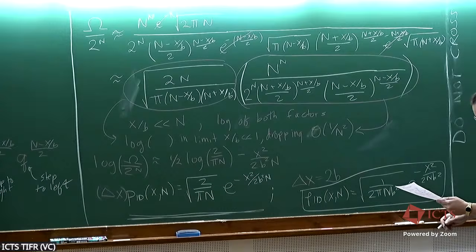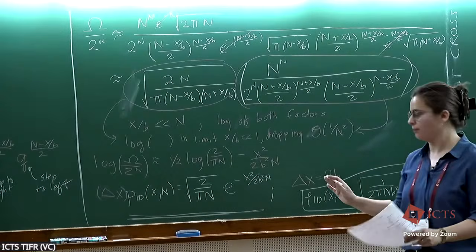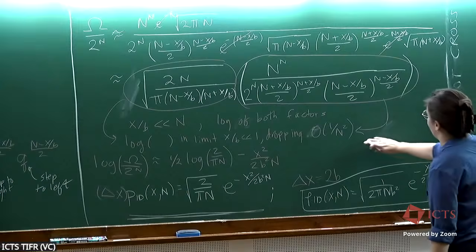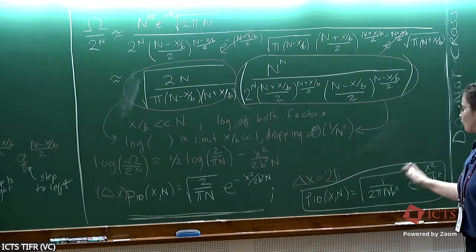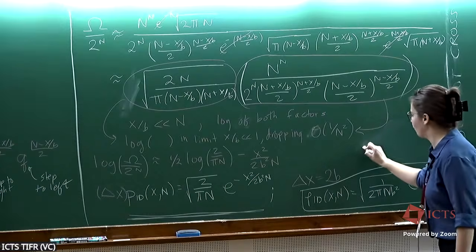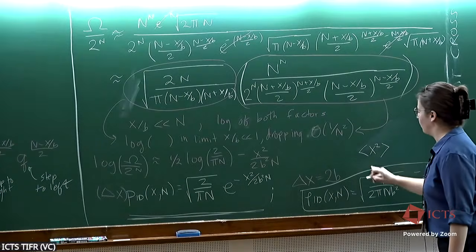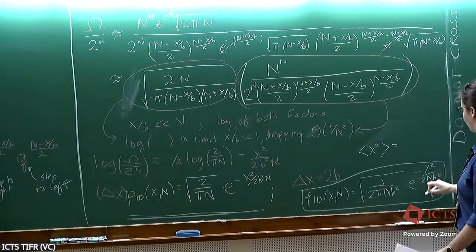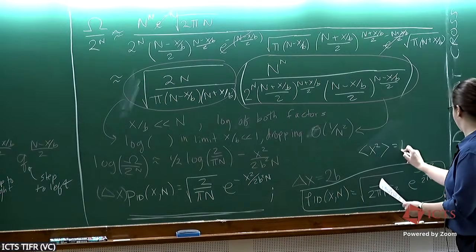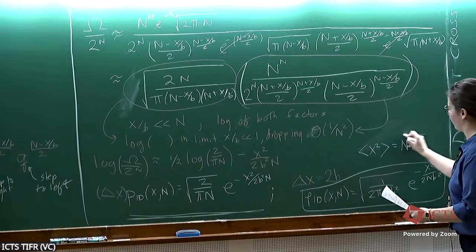And then without doing any work at all, we can now take this and get one of the central results for random walks by just looking at the variance of this Gaussian. So the variance will give us the average of x squared, and this will be exactly n b squared.